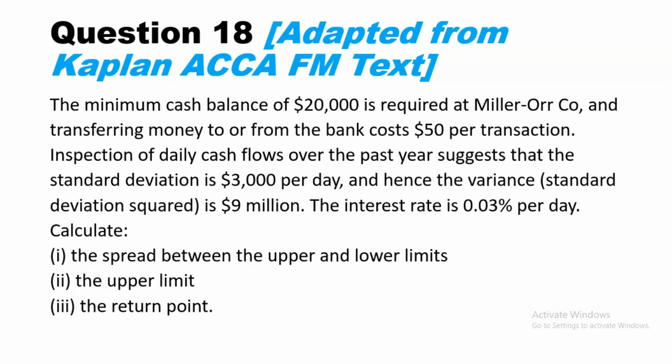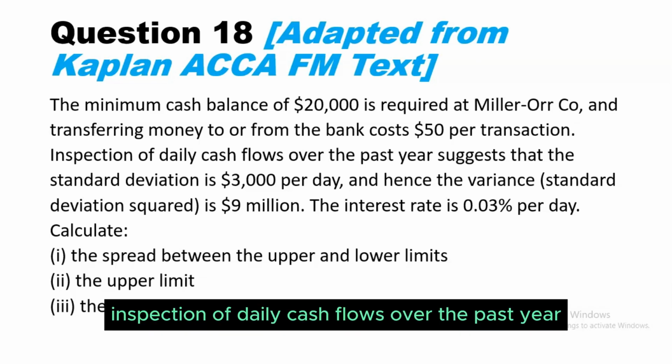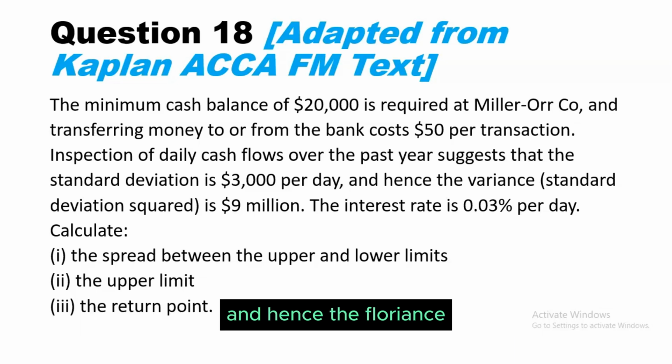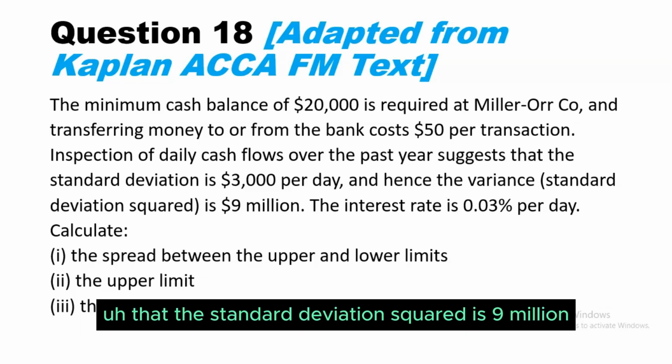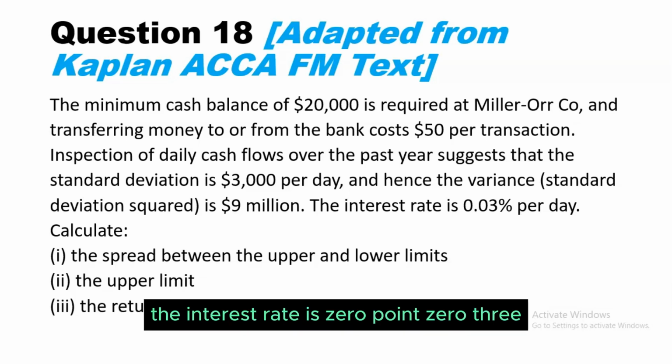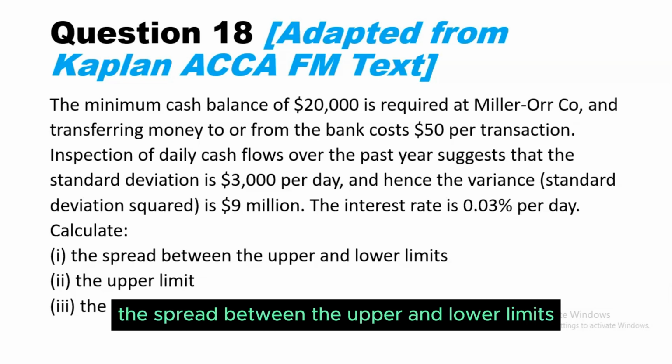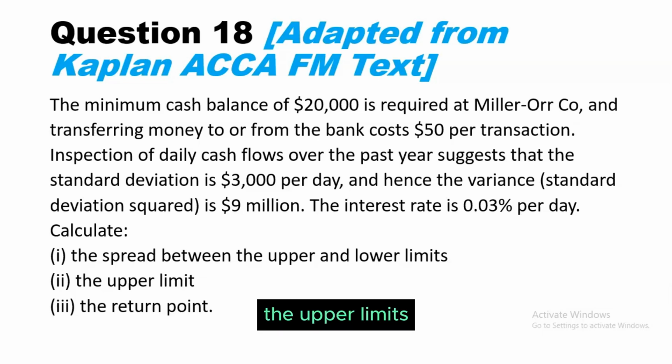Inspection of daily cash flows over the past year suggests that the standard deviation is $3,000 per day and hence the variance, that is standard deviation squared, is 9 million. The interest rate is 0.03% per day.